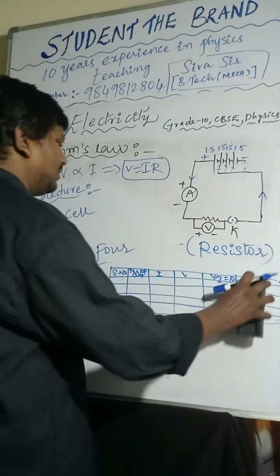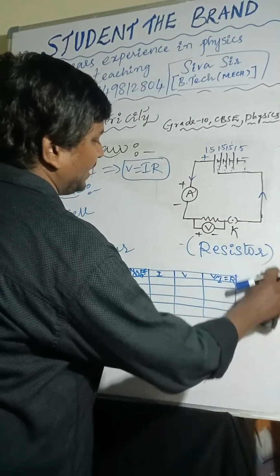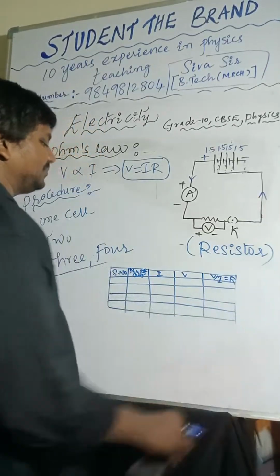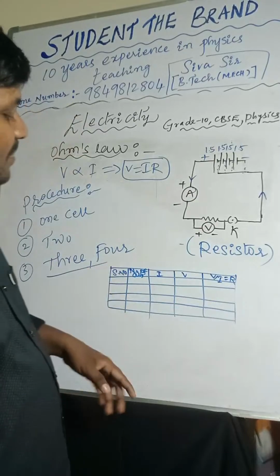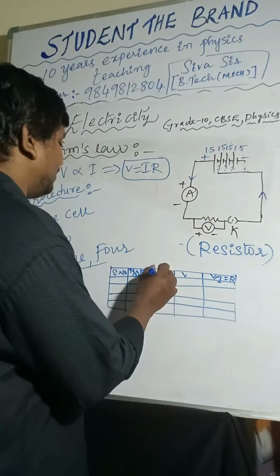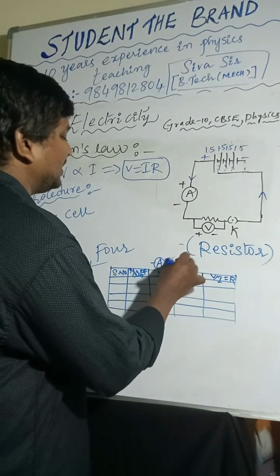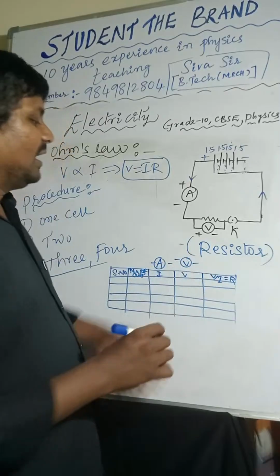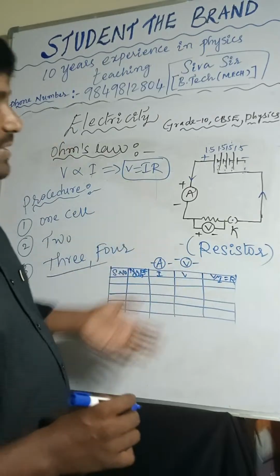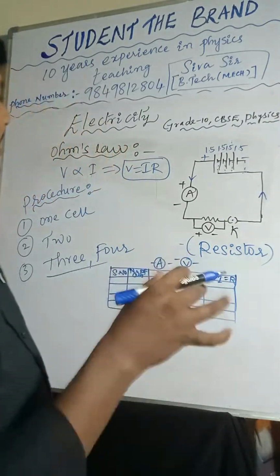The table contains the serial number, number of cells, ammeter reading, that is current, voltmeter reading, that is potential difference, and V by I, that is nothing but resistance.